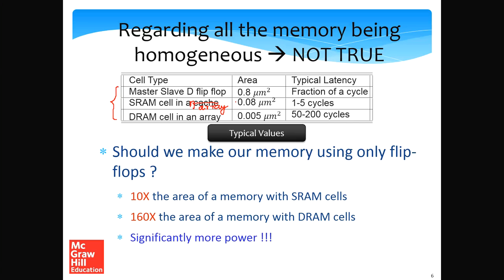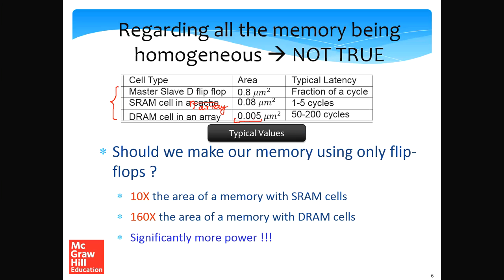If I consider a DRAM cell in an array, it is even more area efficient, right? So it is even 16 times more area efficient than an SRAM cell. So it only takes 0.005 micron square. These are slightly old values, but the ratios will still remain the same if I consider current technology.